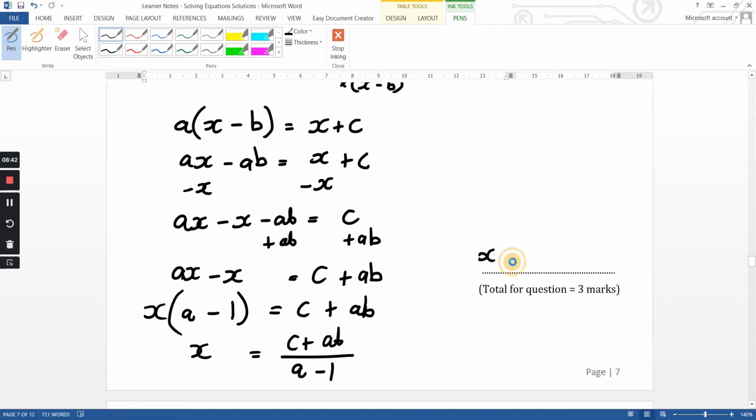So x equals c plus ab over a minus 1. Yep, 3 marks for that. So the key thing in this example is that you have to factorize that. Just make a note of that. It's the only way to extract the x's from both terms.